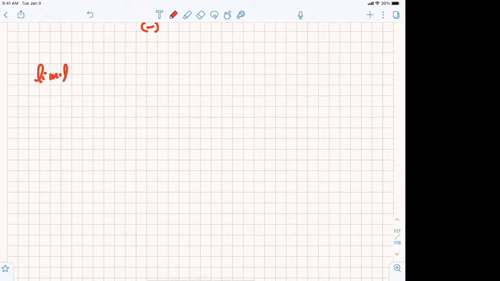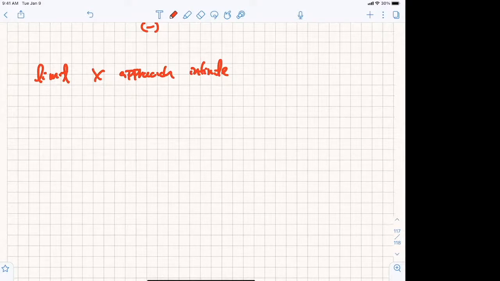So limit as x approaches infinity. The idea is to ask students to understand what happens when x approaches infinity. That is kind of difficult for people.